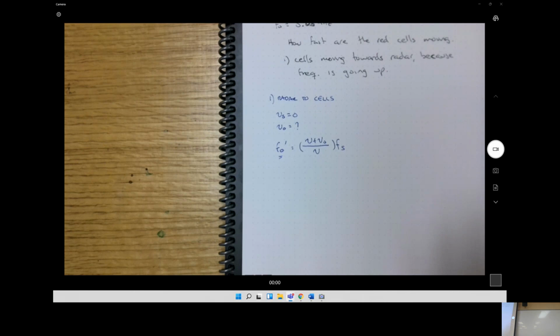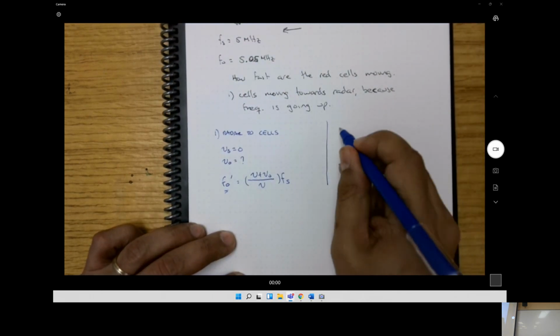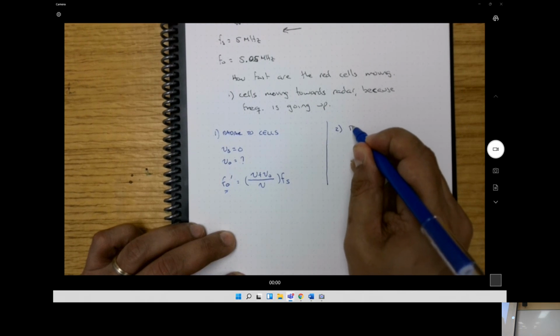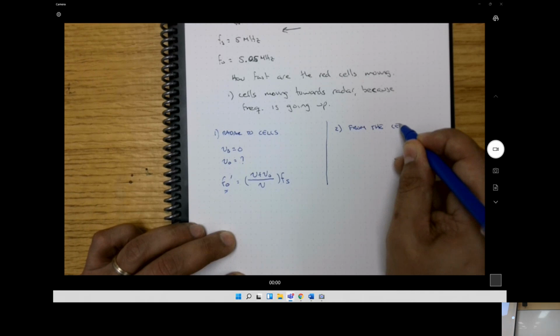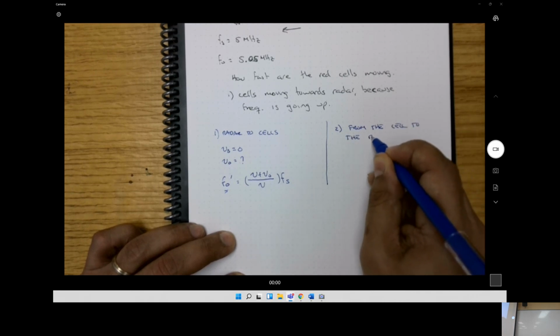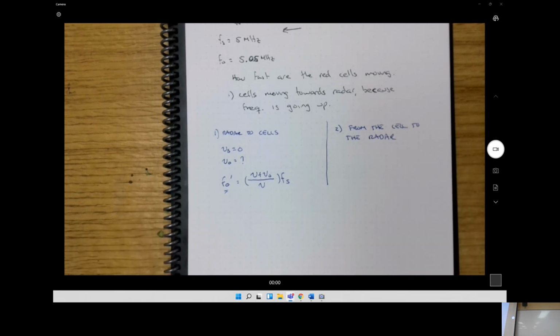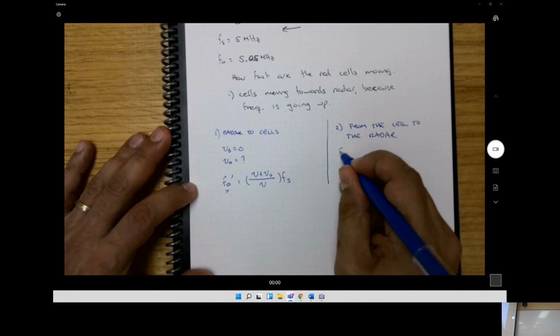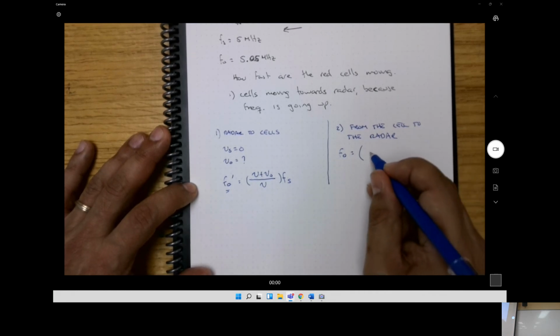Now I'm going to do the second case, from the cells to the radar. This is the echo signal, the one that is bouncing off the cells. So I'm going to have F naught. Now my source is the one that is moving.